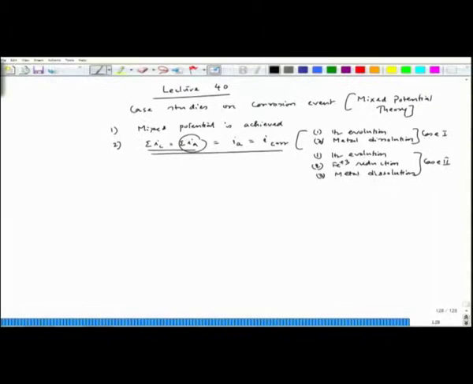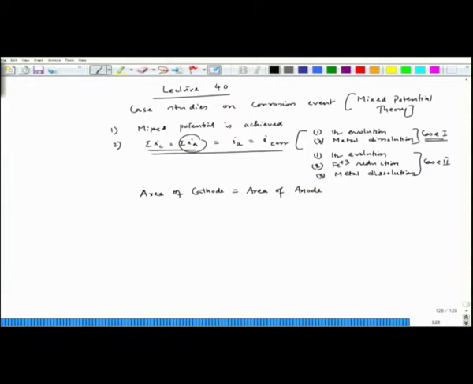Now, if I try to look at case 1 carefully, we had the situation with the area of cathode equal to area of anode.